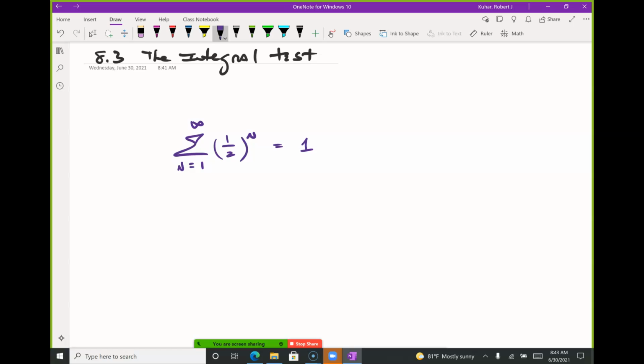But now we're going to say, can I find out if something converges or not without actually finding the sum? And in this particular case, we will get an upper bound or a lower bound on the sum, right?